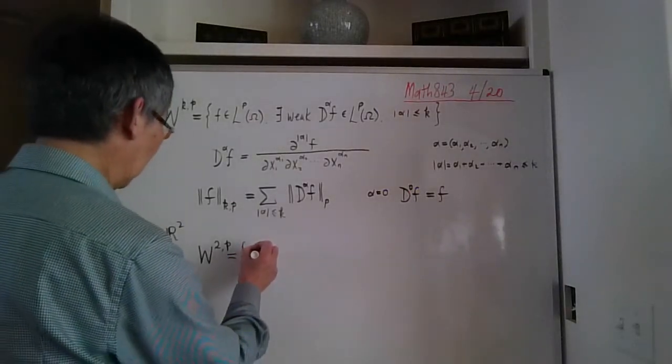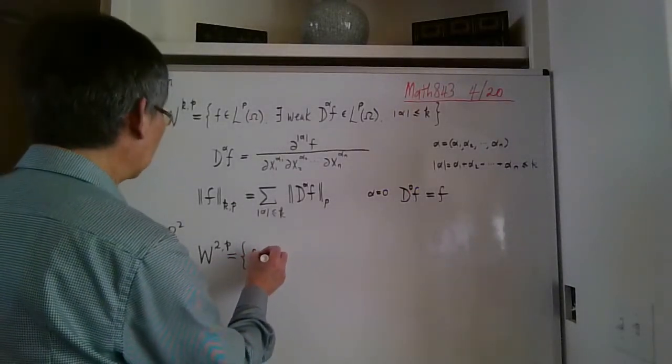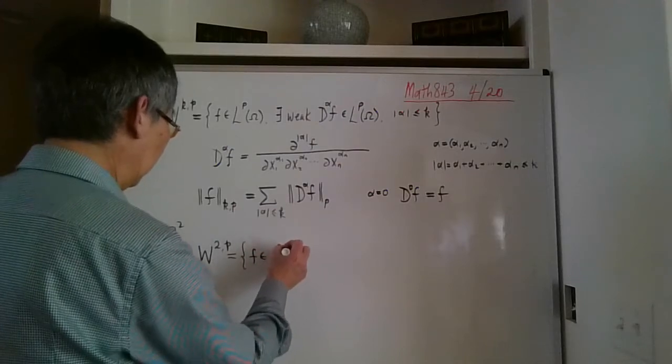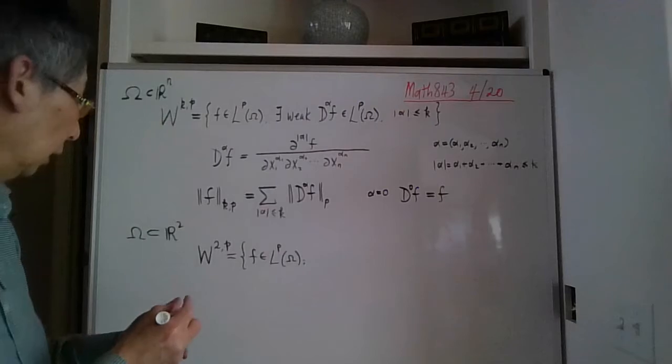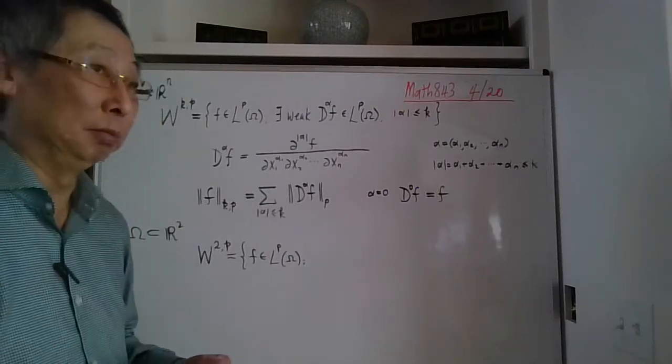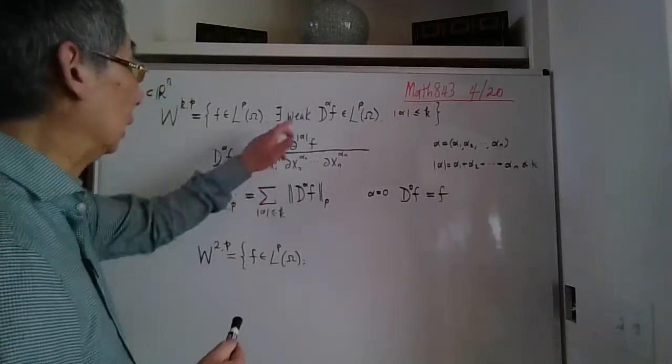This is basically the f in L^p(Omega), as usual. In this example, we want to be very specific about the alpha things.